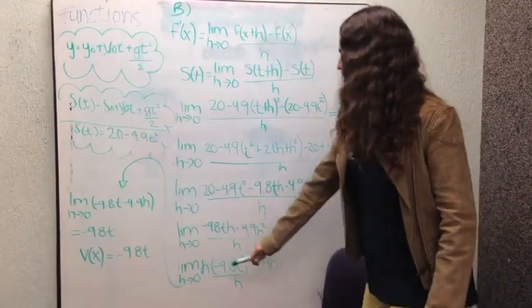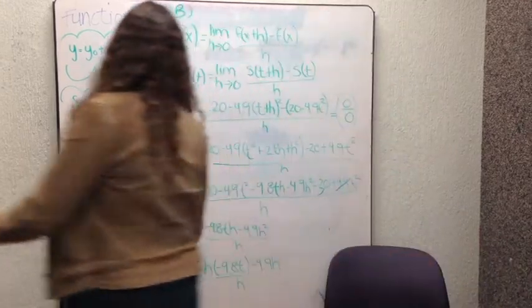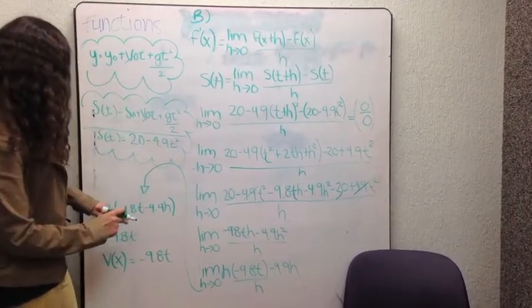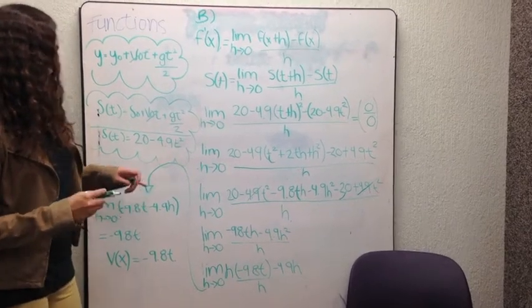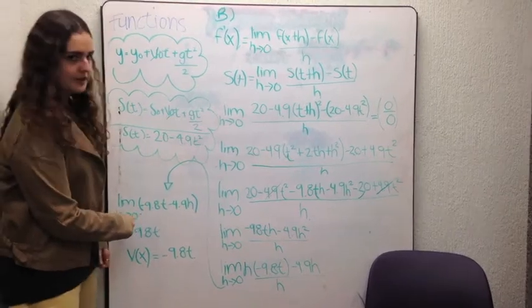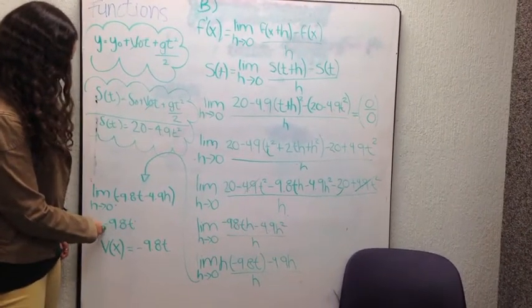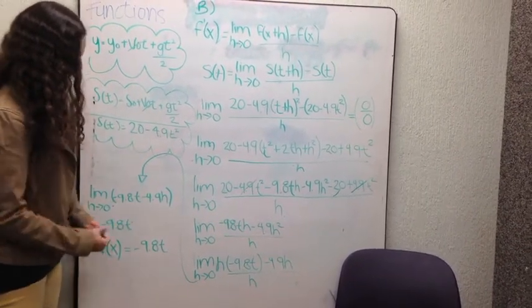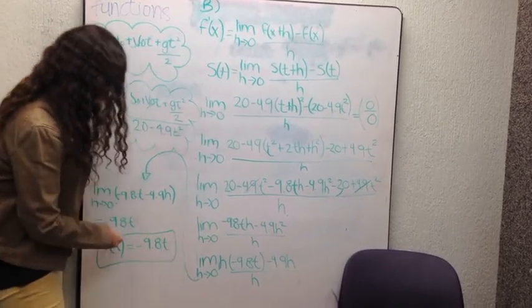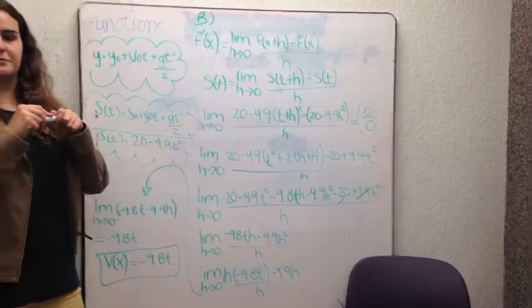Then we factorize an h, and it will give us minus 9.8 t minus 4.9 h. If we substitute the value of h as 0, it will give us minus 9.8 t. So our velocity function will be v of t equals minus 9.8 times t.